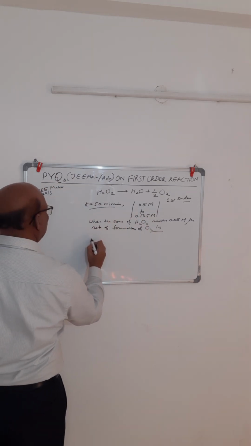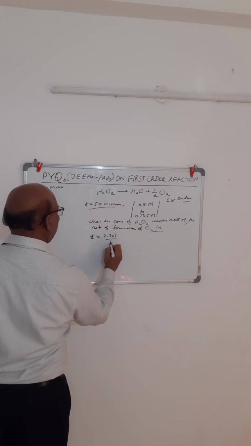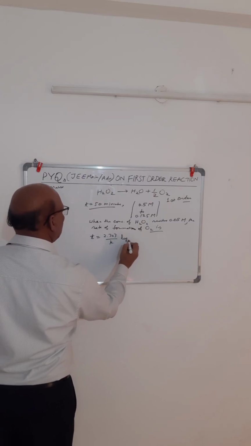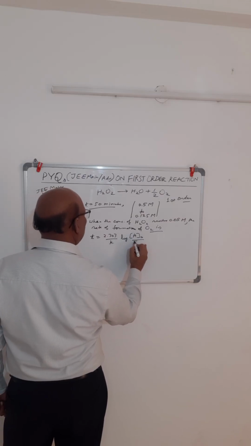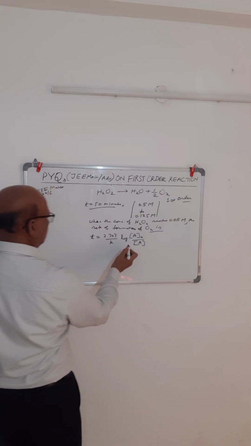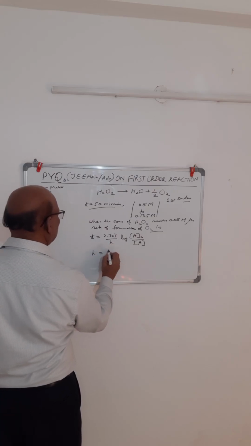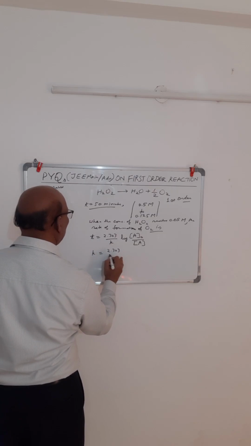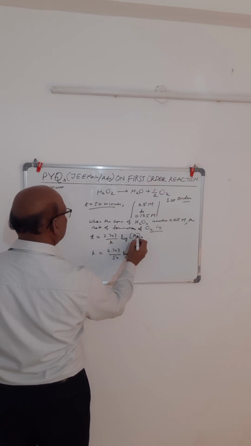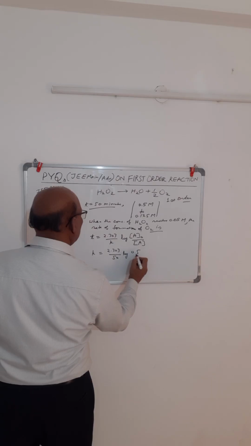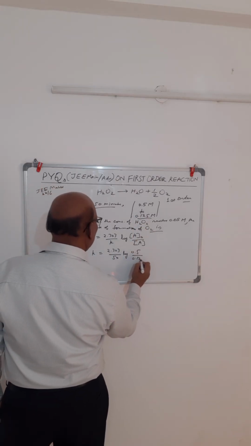So we will see that time is 2.303 upon K log of A naught divided by A. By this we can find the value of rate constant K, that will be 2.303 upon T. T is 50 minutes. Log of initial concentration is 0.5 divided by final concentration after time T is 0.125.